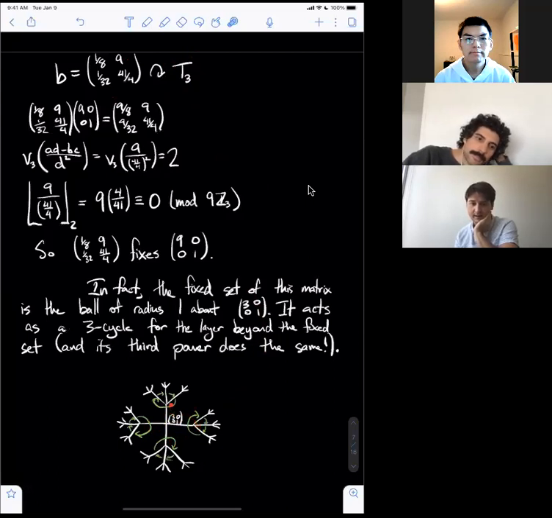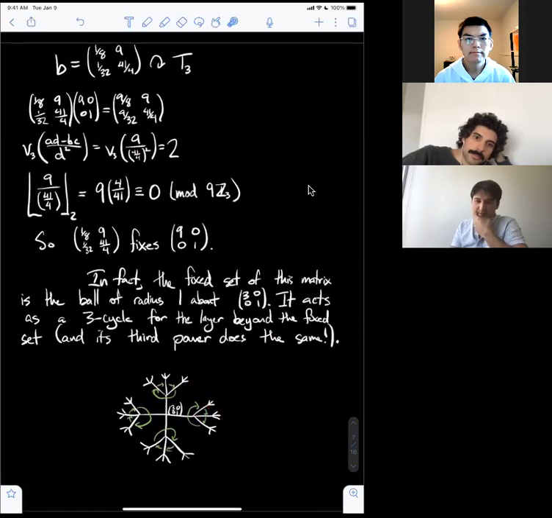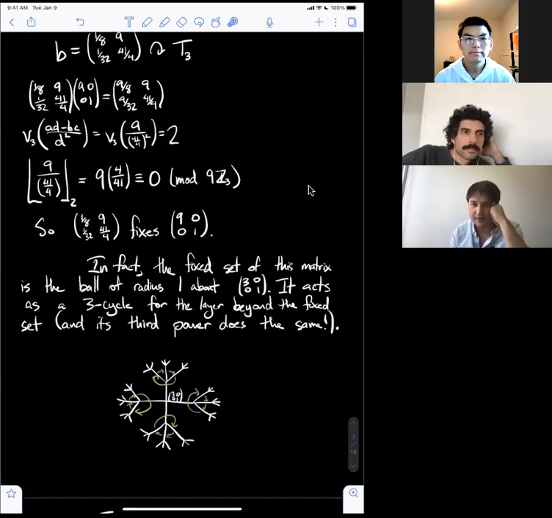And then it's going to do a 3 cycle here. And as I was describing before, its cube is going to fix the 2 neighborhood of that vertex and then do a 3 cycle on each of these little pieces. You just prove that with the binomial theorem, applied to the identity.